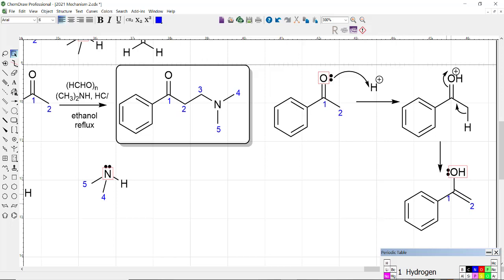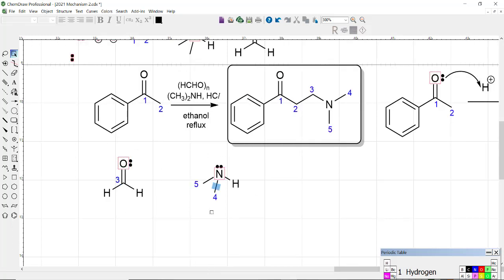It will be the electron-rich site where it will perform nucleophilic attack on the relevant electron-deficient carbons. Of course, the nucleophilic attack will be on carbon 3, and therefore we need to generate an electrophile between formaldehyde, like formaldehyde, and this particular amine.